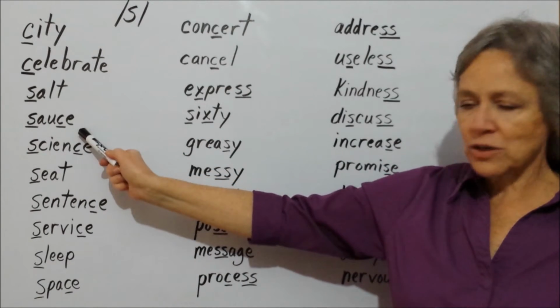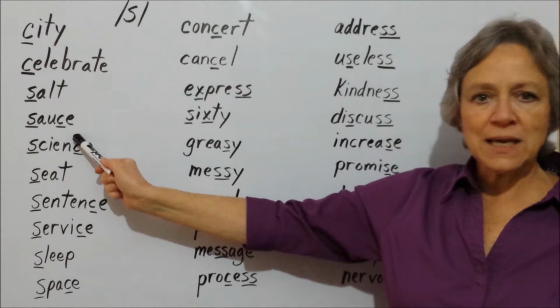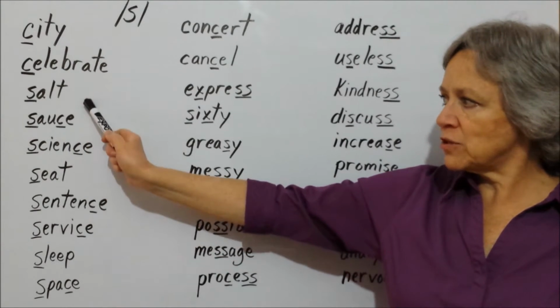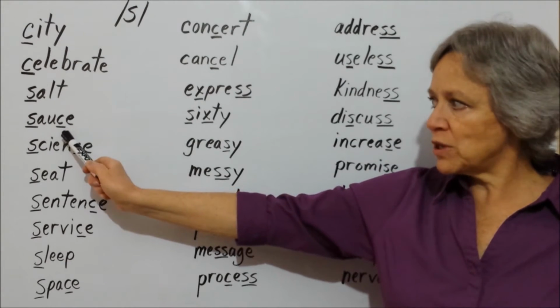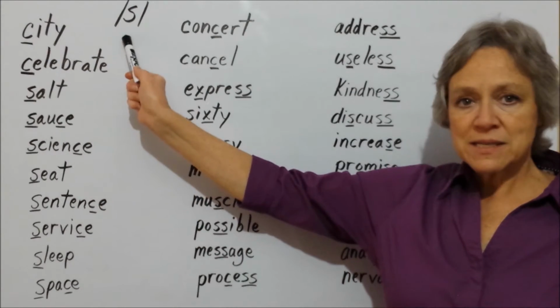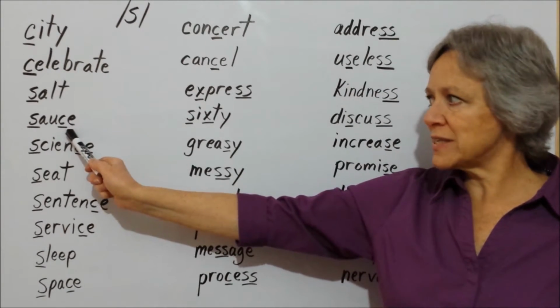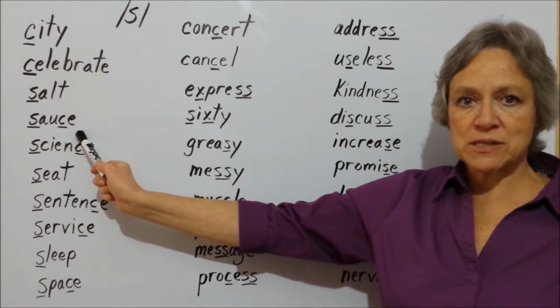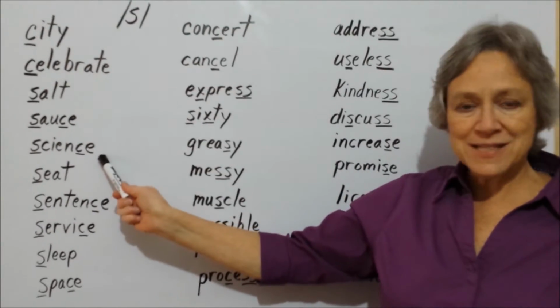In this column, look here, we have it in the word sauce. When we have CE at the end of the word, we normally do not hear the letter E. It is not pronounced, but we do hear an S sound for the letter C. So here, CE sounds like S, just like it does up here. And in many other words too.